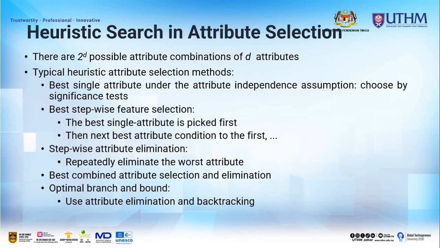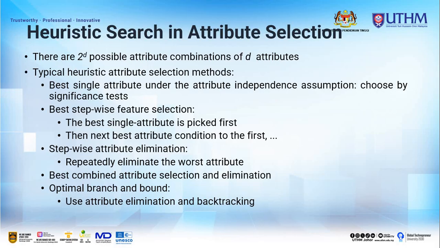This uses significance tests, like statistical tests, to evaluate each attribute independently and select the best one. Second is stepwise feature selection. It starts by selecting the single best attribute and then iteratively adds the next best attribute that improves the model when combined with the previously selected attributes.